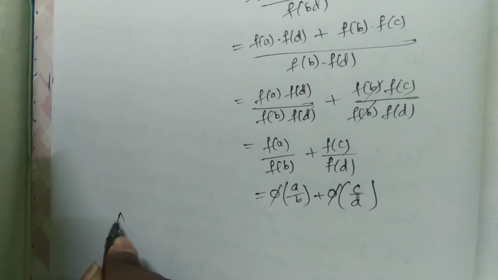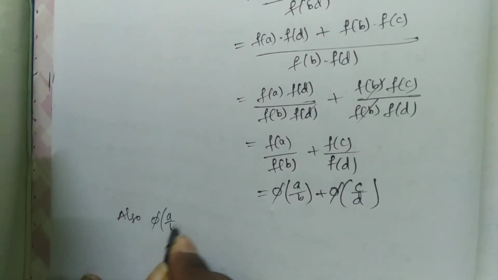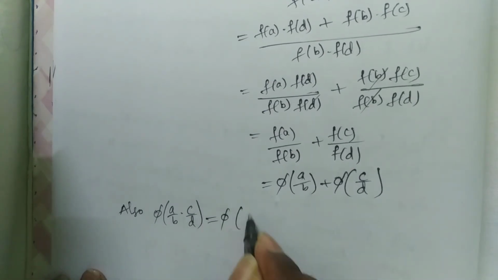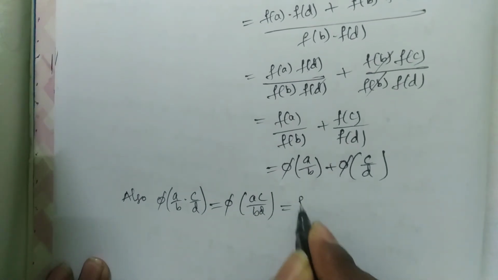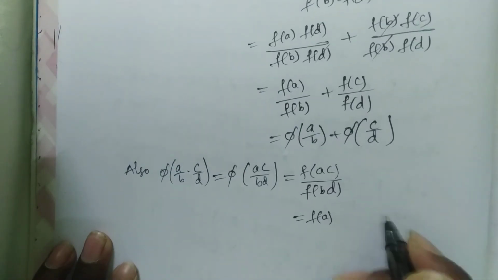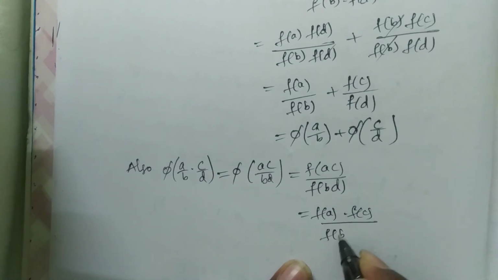Also, pi of a by b into c by d equals pi of ac by bd, that equals f of ac by f of bd, which is f of a into f of c by f of b into f of d.